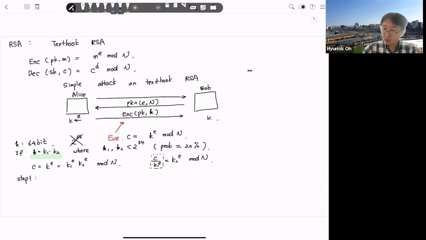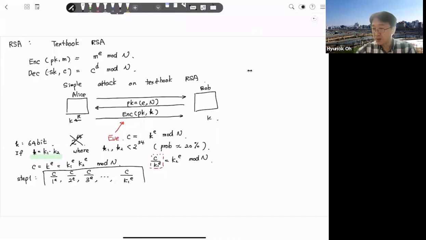So Eve tries C over 1 to the E, C over 2 to the E, C over 3 to the E, up to C over K1 to the E. How many times do we have to try? Eve is making this table.